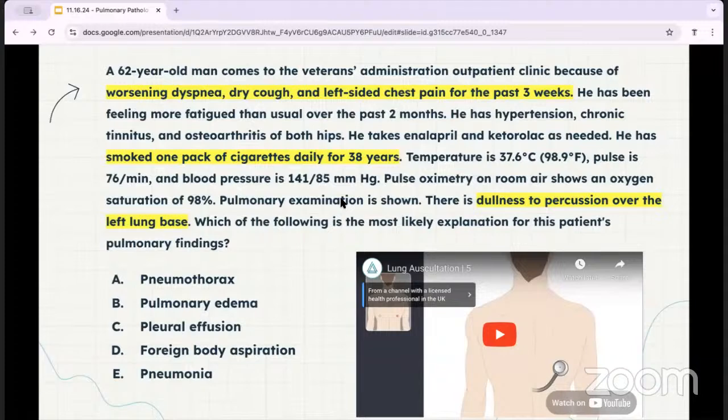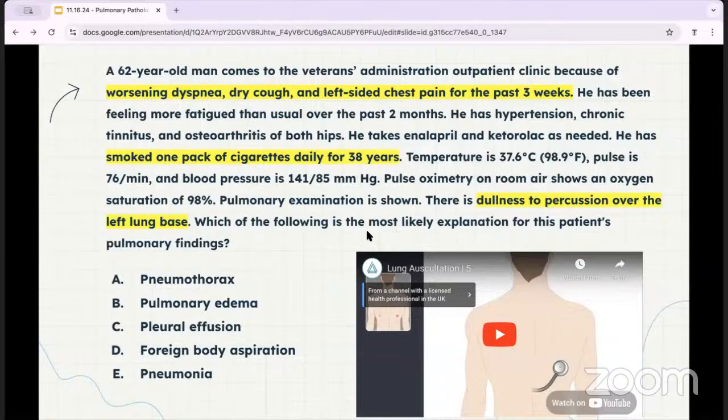So the key clinical findings in this case: number one, there is the long-term smoking history and progressive symptoms that raise concerns for chronic lung pathology, including malignancy or also complications like pleural effusion. Left-sided chest pain, fatigue, and dyspnea usually suggest a localized process in the lung, especially since it's unilateral.